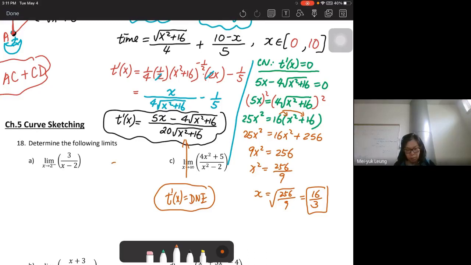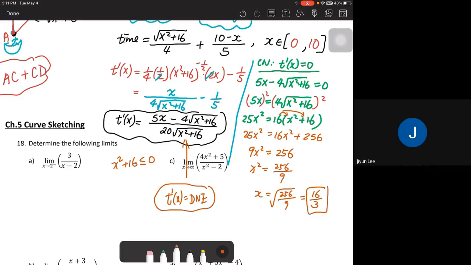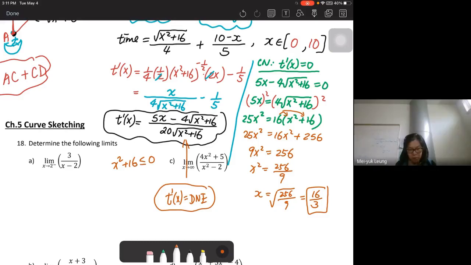Think about when x squared plus 16 has to be greater than 0. When it is undefined, you're looking for a number that is less than or equal to 0. Is it possible to get any solution that is equal to 0 or less than 0? No. So that means we don't get any critical numbers based on the 0 of the denominator.